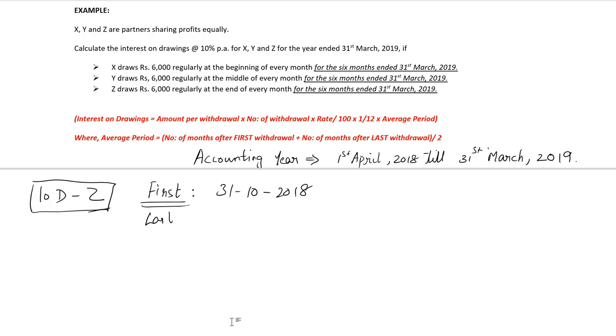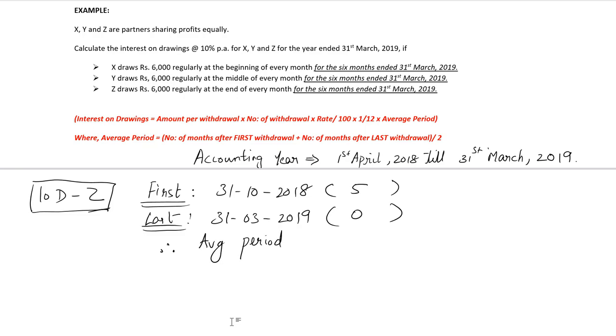Last withdrawal, 31st March 2019. Average period, 5 plus 0 by 2, which is 2.5 months.